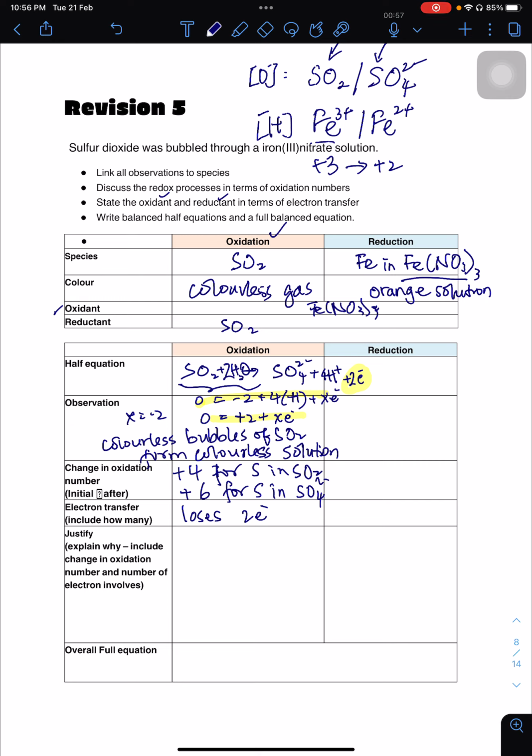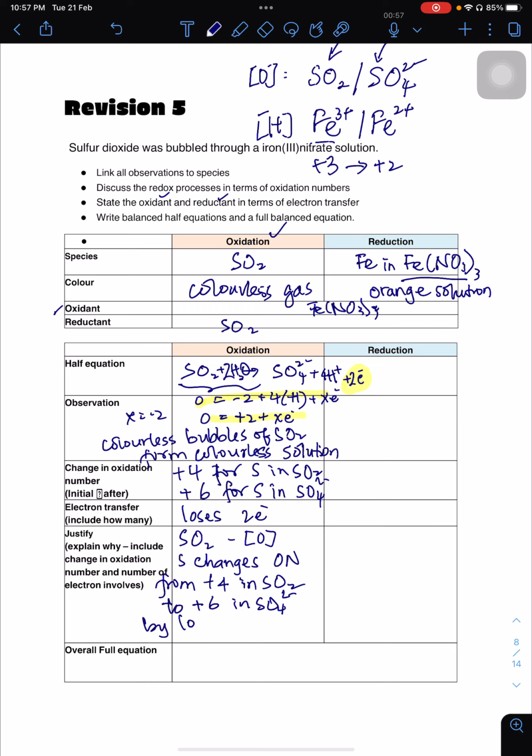So you're going to rewrite and paraphrase by saying that sulfur dioxide undergoes oxidation because the sulfur changes in its oxidation number from +4 in SO2 to +6 in sulfate by losing 2 electrons.